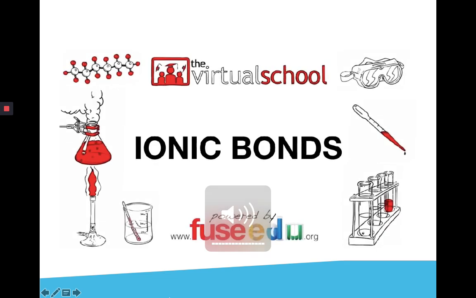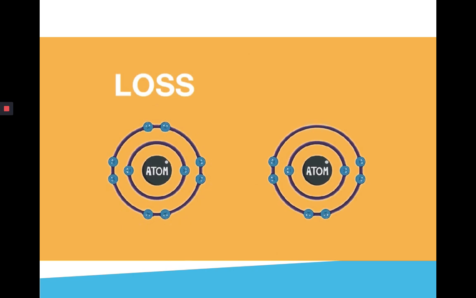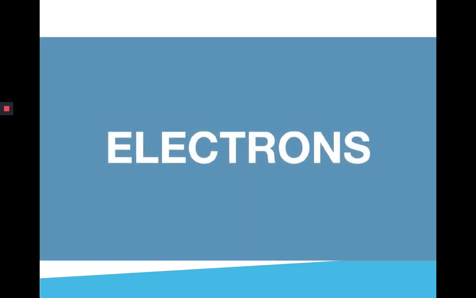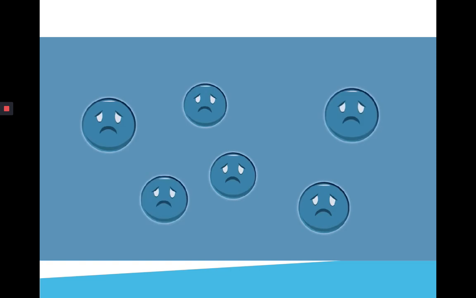We have previously learned about the formation of ions. Now we will learn about ionic bonds. Ions, as you already know, are formed from the loss or gain of electrons. Electrons, however, do not suddenly appear or disappear.